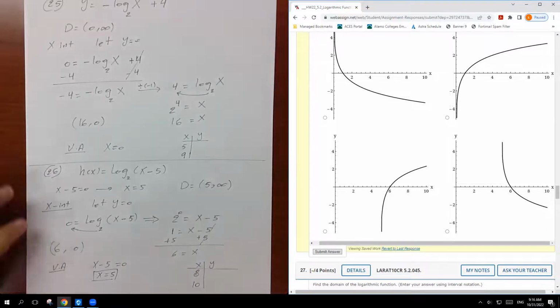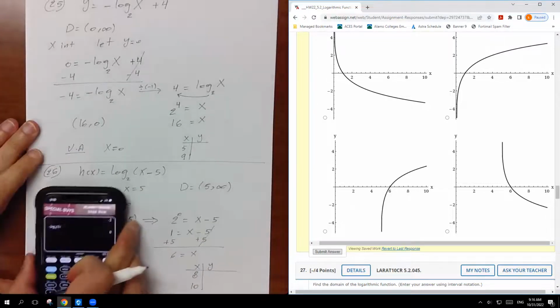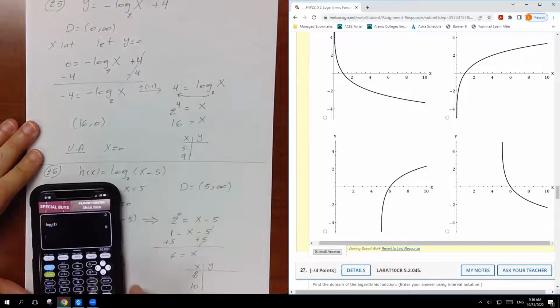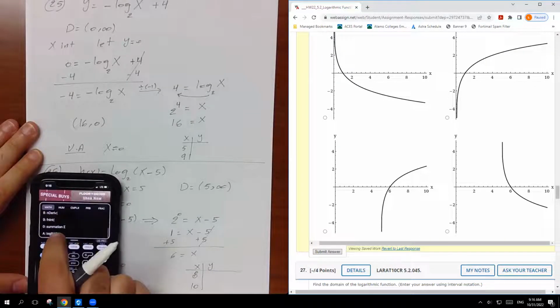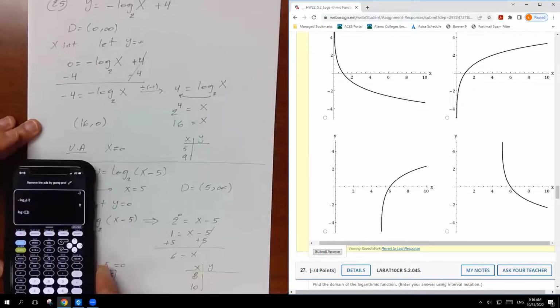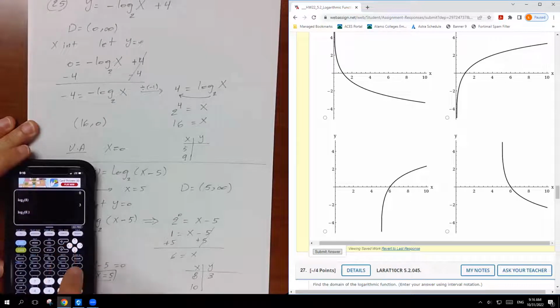Let's check that. If we plug in 8 here, that means it's going to be log to the base 2 of 8. It's going to be 3. Plug in the 10. If you plug in the 10, it's also going to be positive. It's going to be 3.3219.